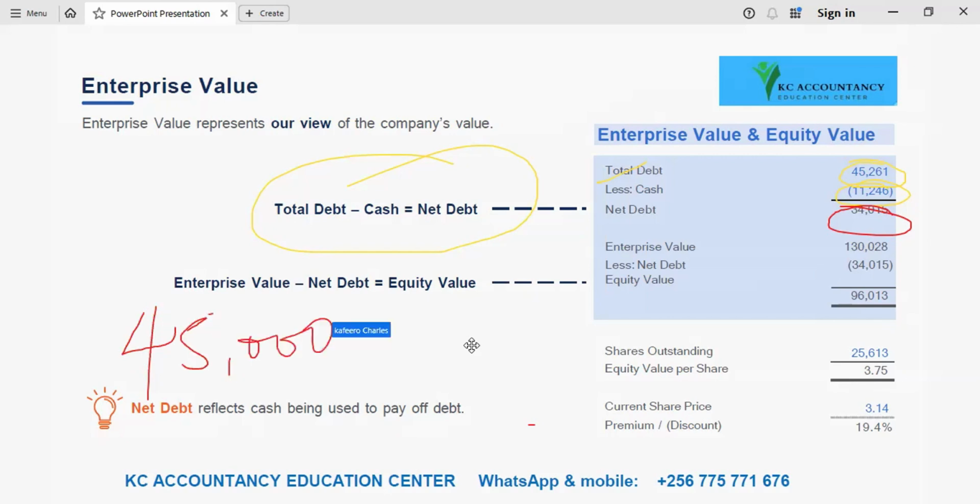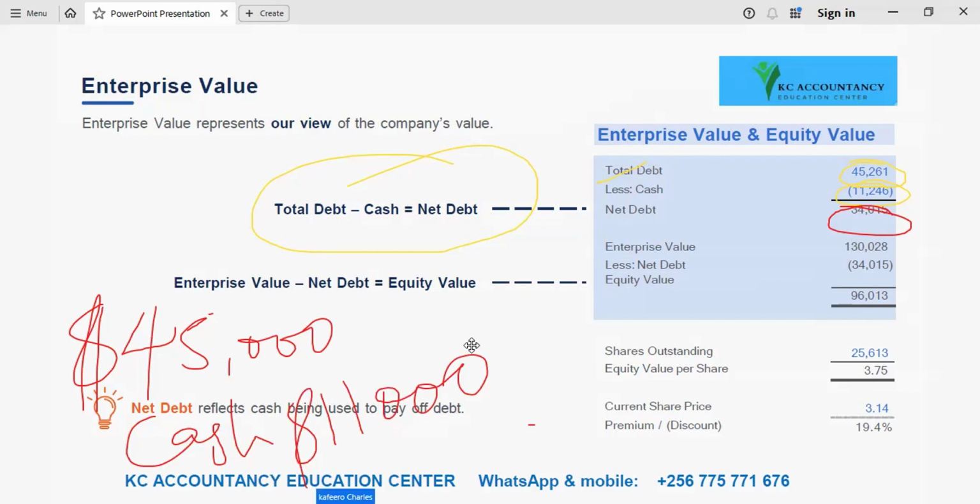$45,000 US worth of debt, maybe you went and borrowed $45,000 US, and you had cash of 11,000.